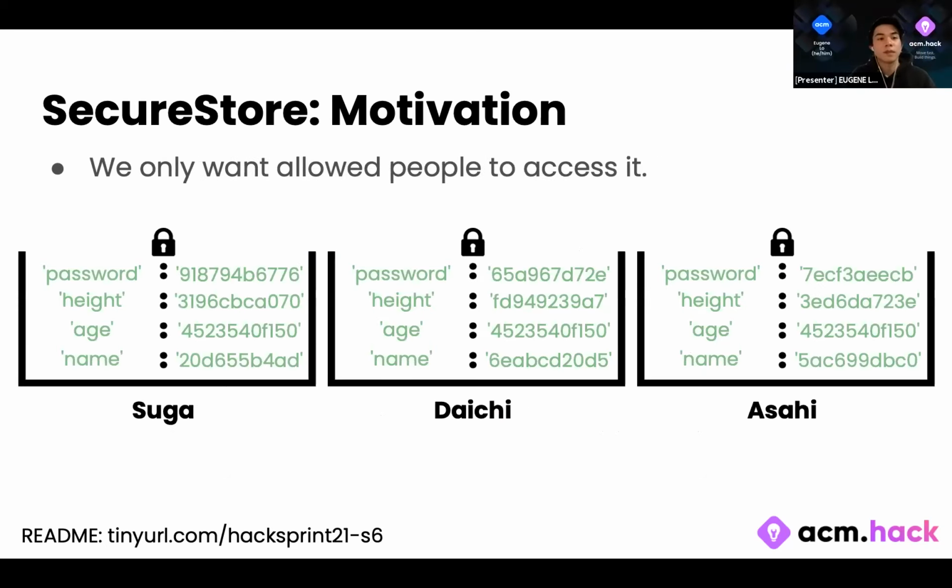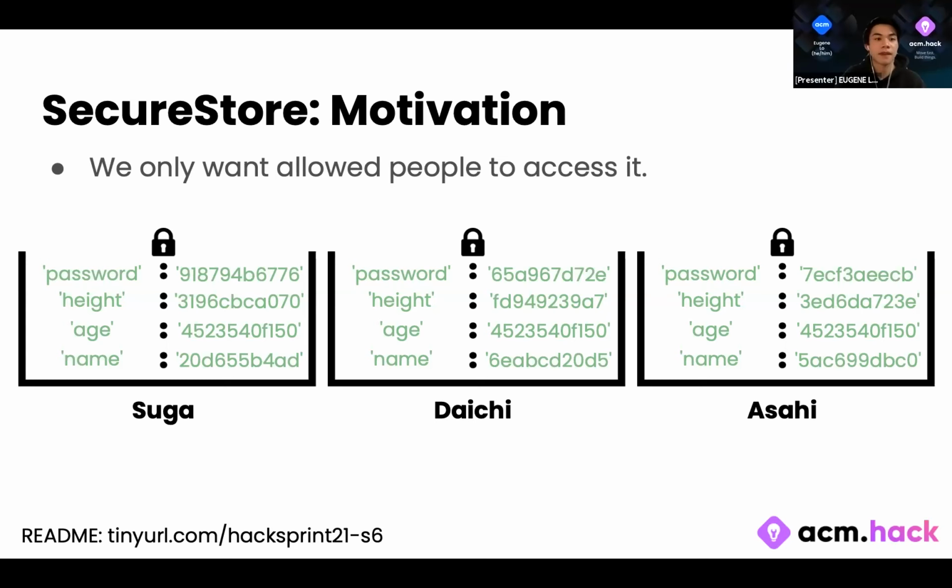So we also want to make sure that only people who are allowed to access it will access it. So here we have 3 separate Expo projects belonging to 3 separate people. And only the people who the Expo project belongs to are able to decrypt it and find what the actual info means. But you are not able to see what other Expo projects have as their data.